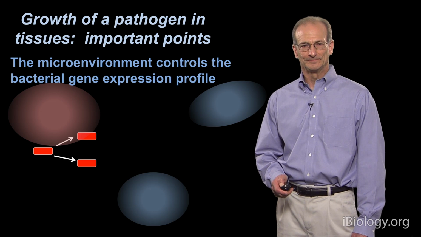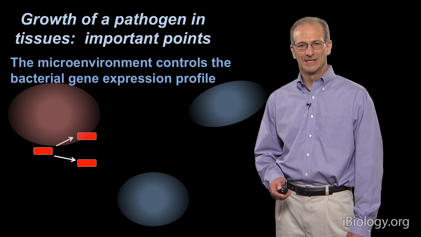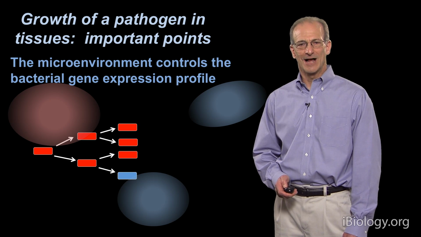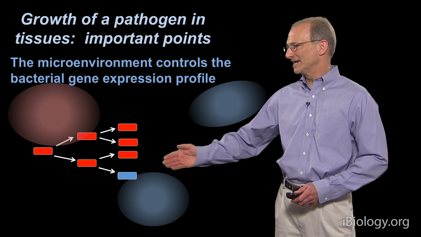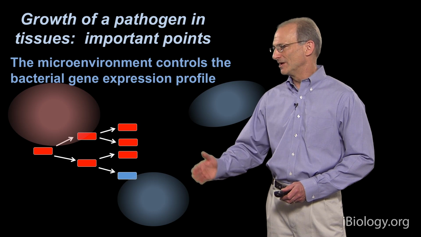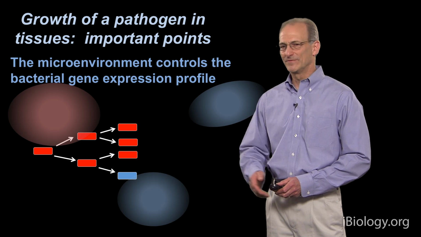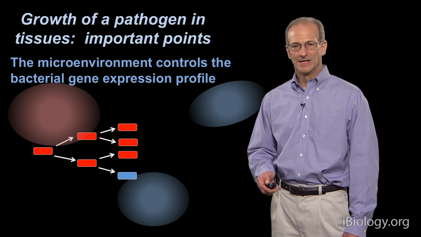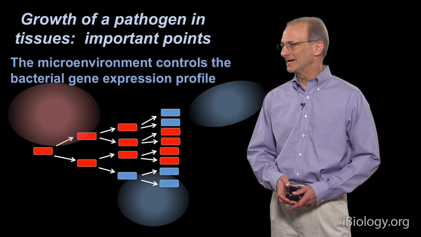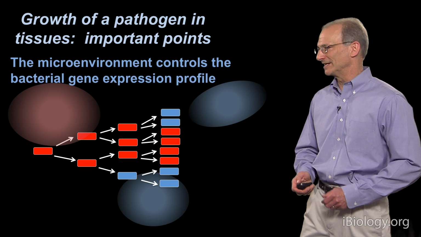When the organism grows and moves out of one microenvironment, it then encounters another microenvironment, and then that causes switching of the transcriptional profile so that it now assumes a transcriptional profile which is appropriate for that particular microenvironment.